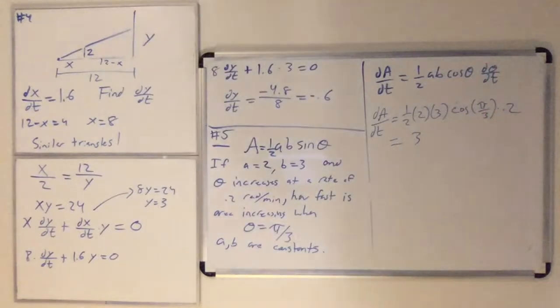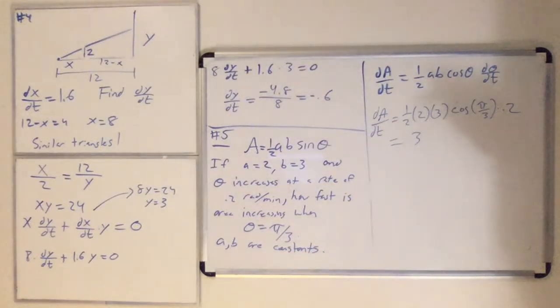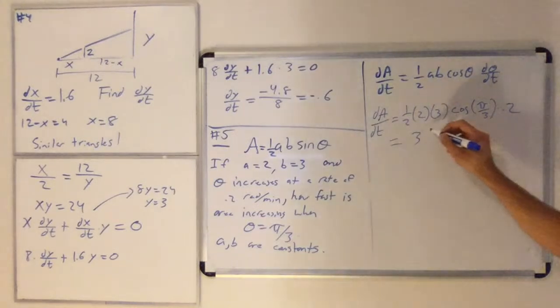Cosine of pi over 3 is what? I believe it's 1/2.